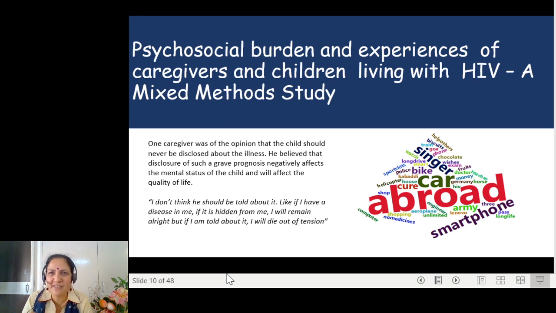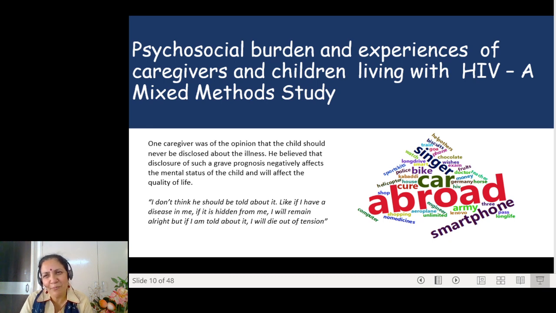This was a mixed method study which had both a qualitative and a quantitative component. And here the information is collected in the form of narratives. A simple piece of information which we had collected was related to the 3 wishes of children. As you can see in the word cloud, the largest font shows that the most important wish which children had was going abroad.